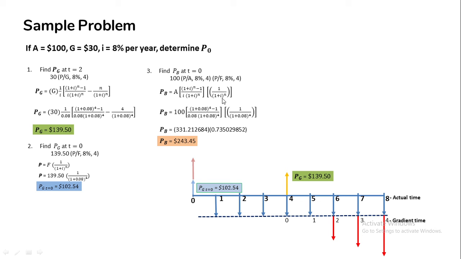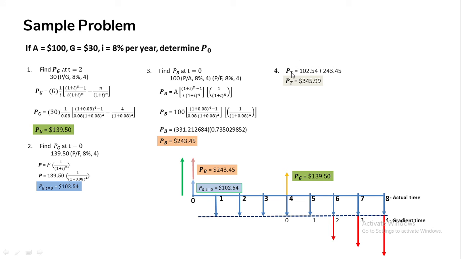So this will be the result. Our A, it was said that our base amount is 100. Then by solving, we will come up with the result of $243.45.